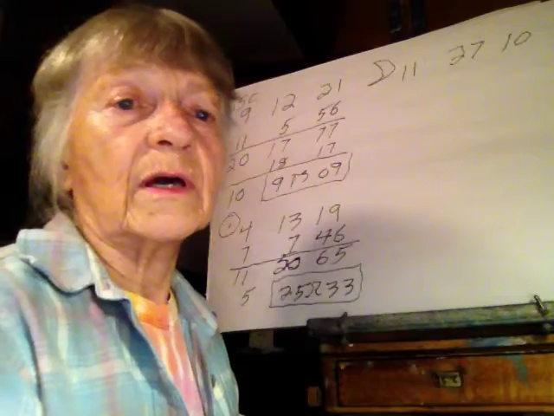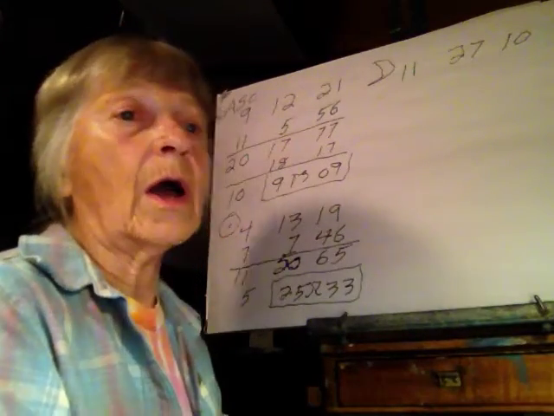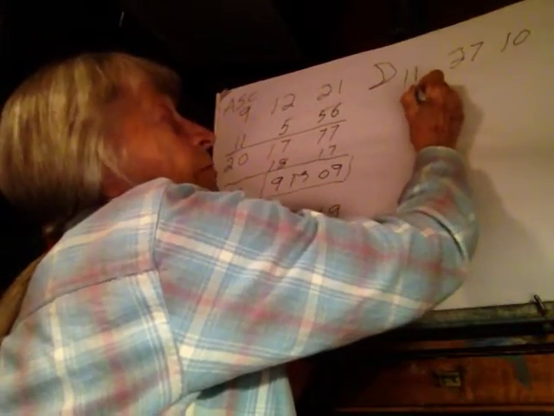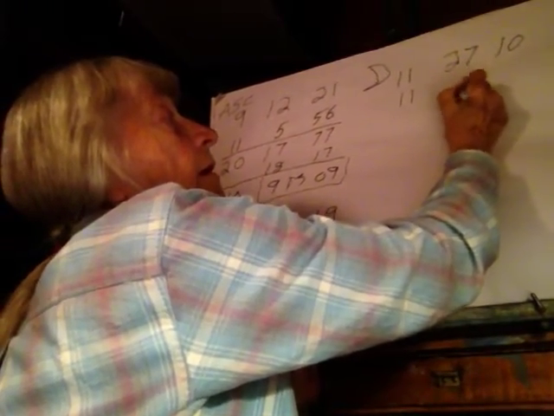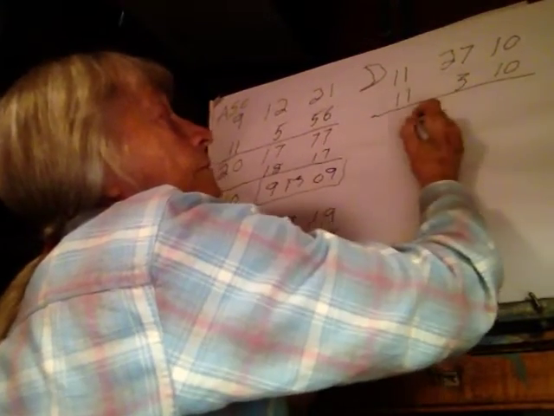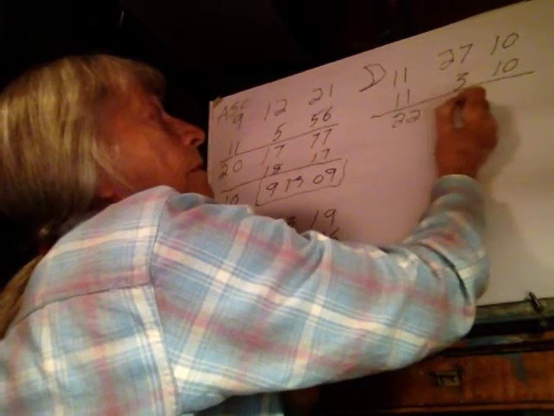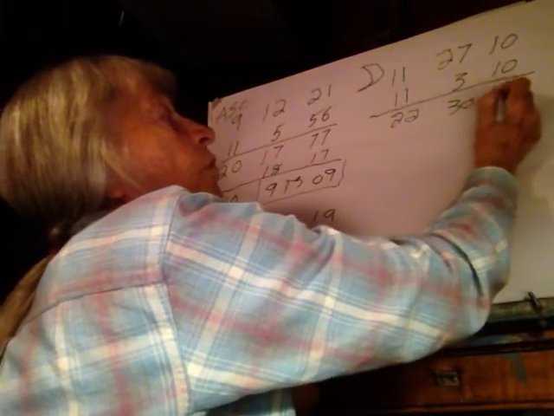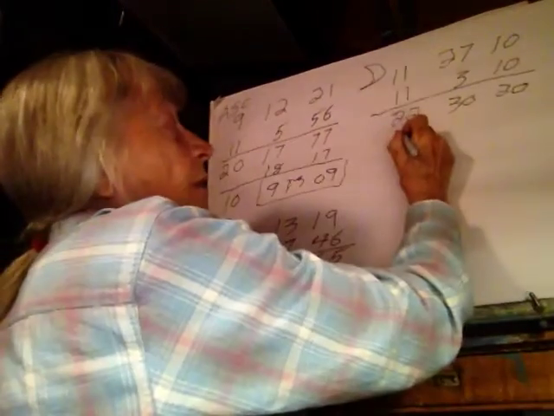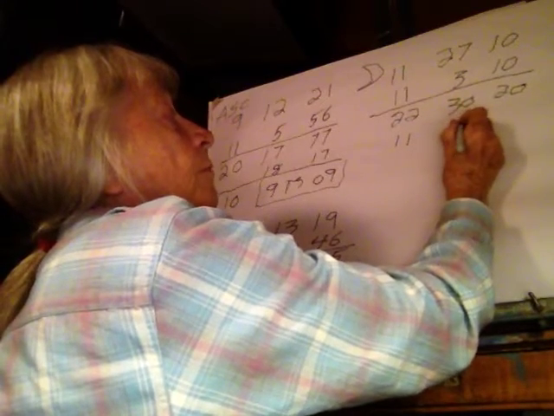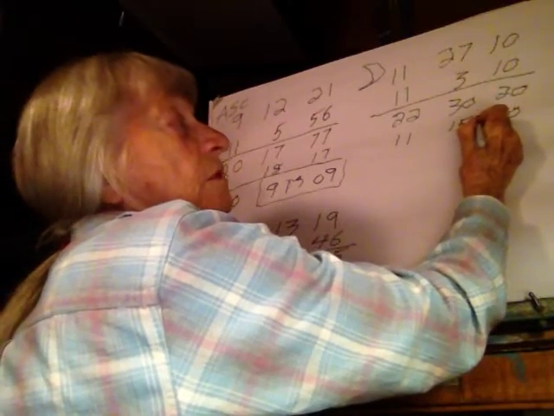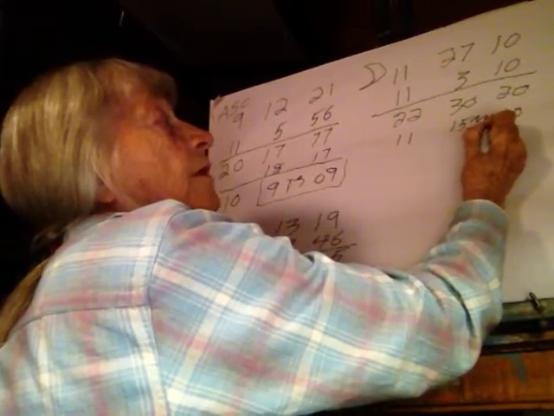Okay, now the China's moon, where are you? 3 Aquarius 10. So again, we've got 11, 3, 10. Add: 22, 30, 20. So that divided by 2, we come up to 11, 15, 10. That means that our moon is at 15 Aquarius 10.